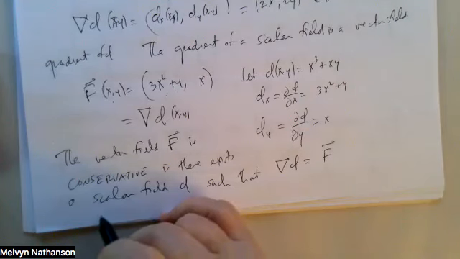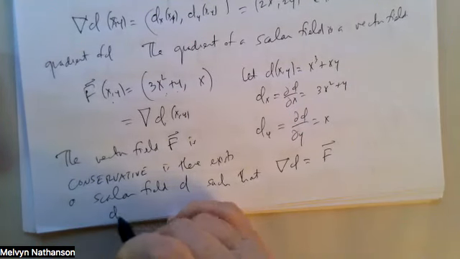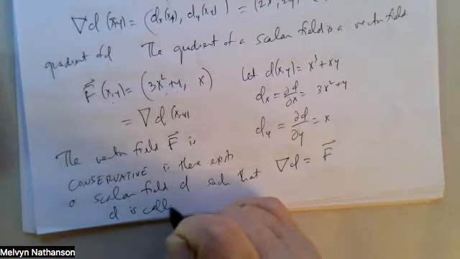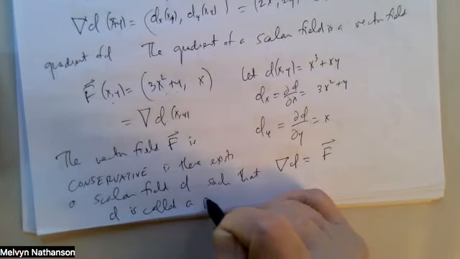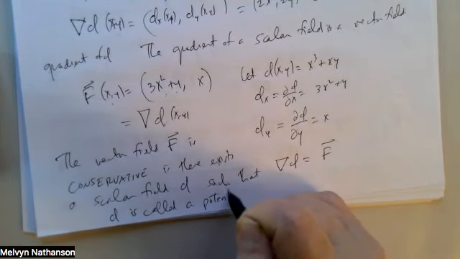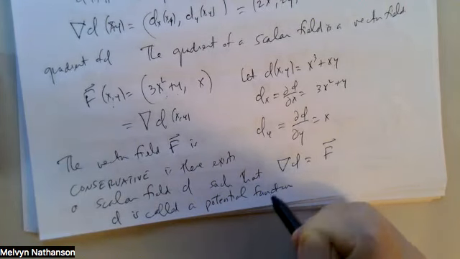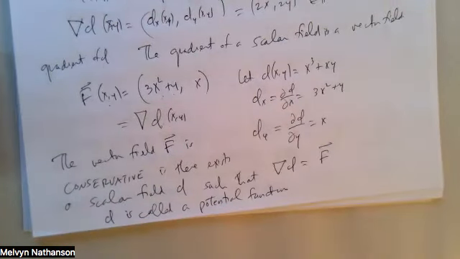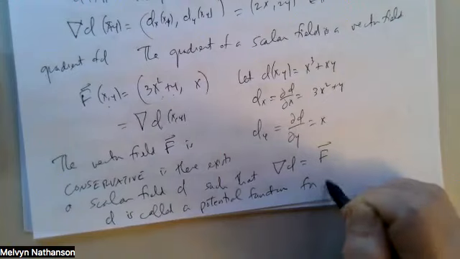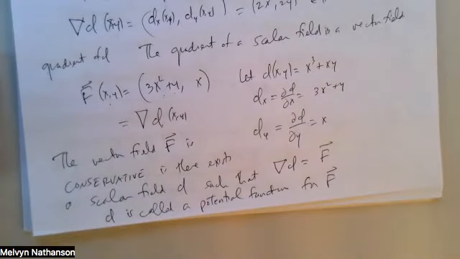And in this case, phi is called a potential function. Again, if you study some physics, you learn about electrical potential, gravitational potential, potential energy. Phi is called a potential function for F.